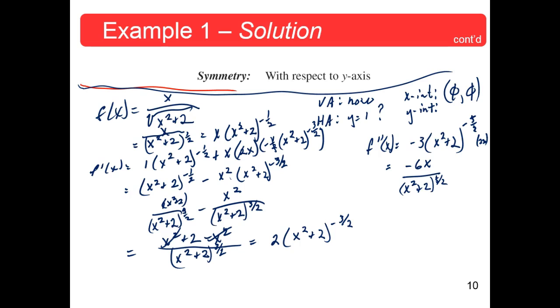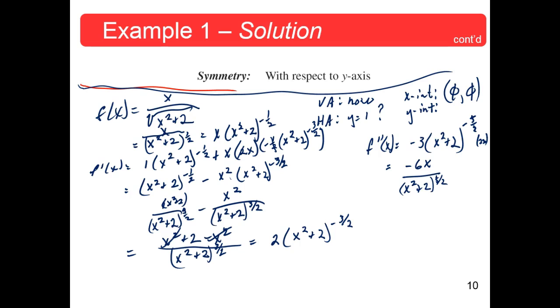It's where the first derivative is either equal to 0 or does not exist. Exactly. Now, is that first derivative, I like this form better, ever equal to 0? For that to be 0, the numerator would have to be 0. Is 2 ever equal to 0? No. Okay? So there are no places for the first derivative to equal 0.